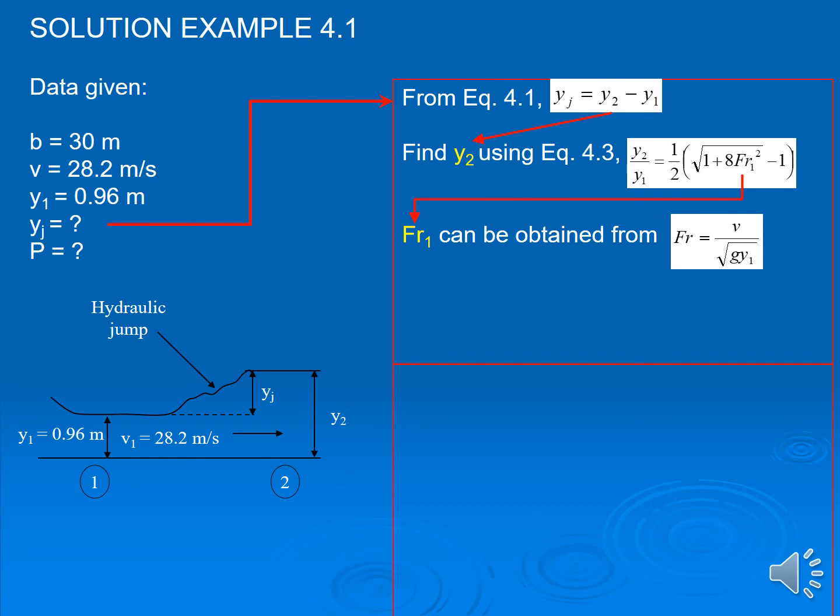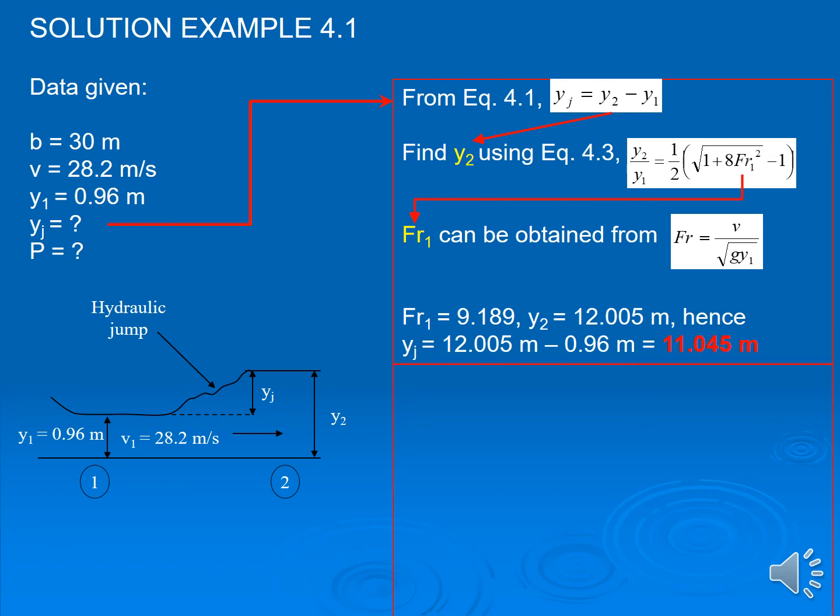Substitute these values into the equation and you will obtain the Froude number 9.189.